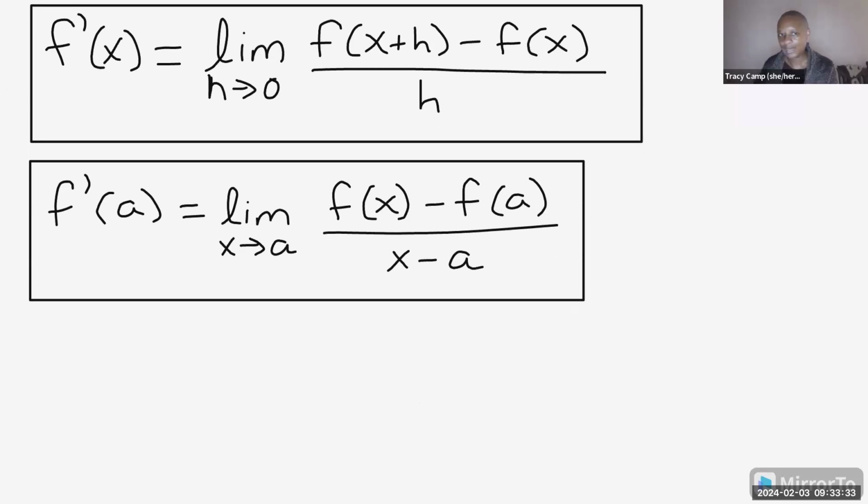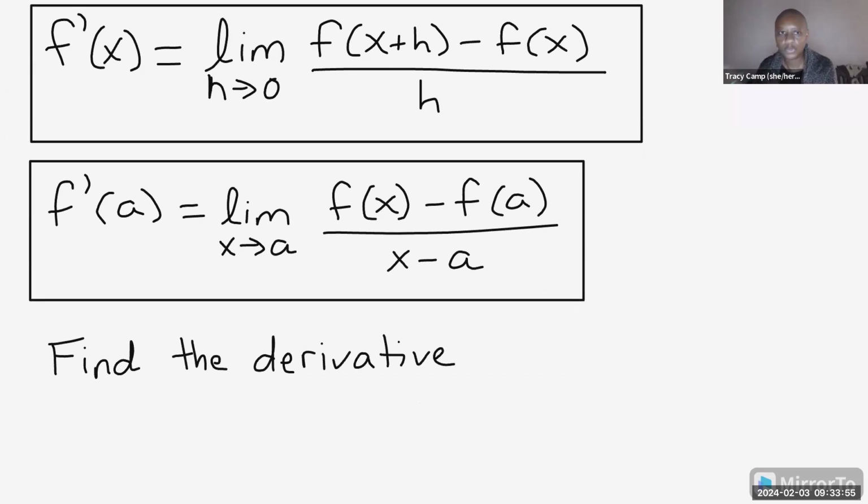In order to understand the power rule, which I'll show you in a moment, what I like to do is work through an example of finding a derivative using the same techniques that you used in section 2.1.